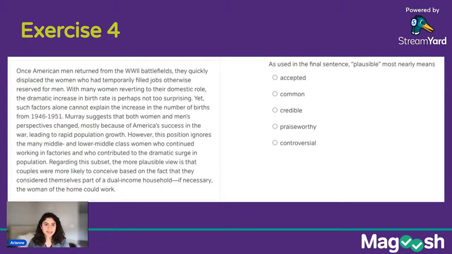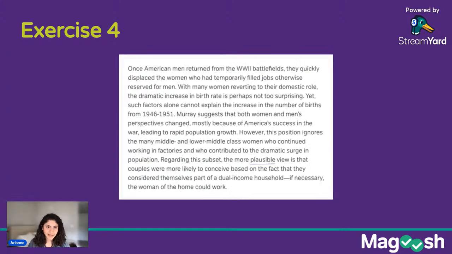All right, exercise 4. As used in the final sentence, plausible most nearly means, and we have A through E. Again, we go back to our passage, and here, unfortunately, I didn't highlight it, but I underlined it just so it's easier to see. I'm gonna give you some time to read, and then we can go over this together.